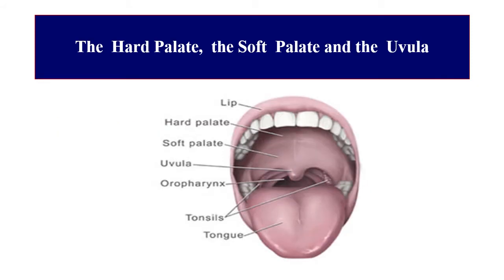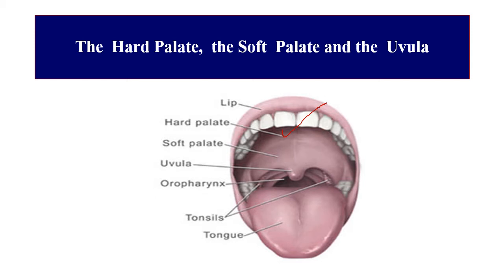Then other important articulators are the hard palate, soft palate and the uvula. The hard palate: immediately after the teeth ridge, the roof of the mouth becomes concave, as is visible on your screen. This is the hard palate.